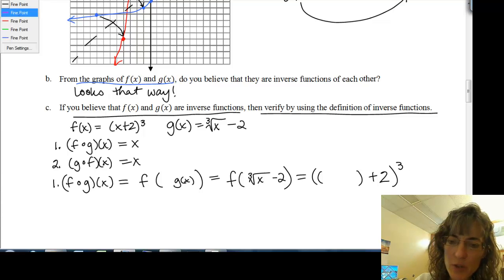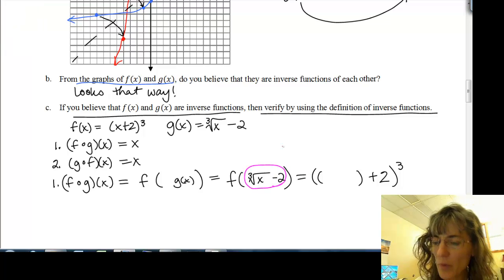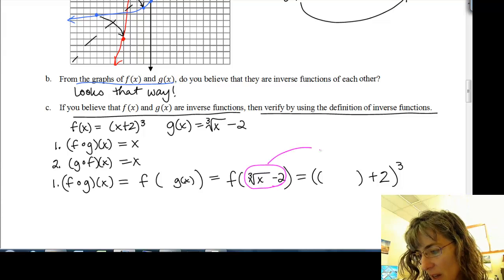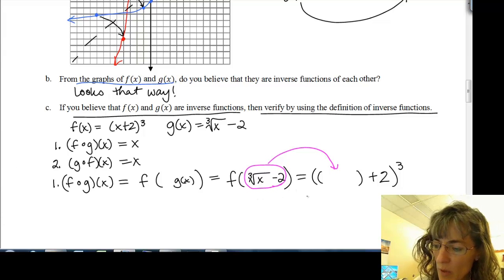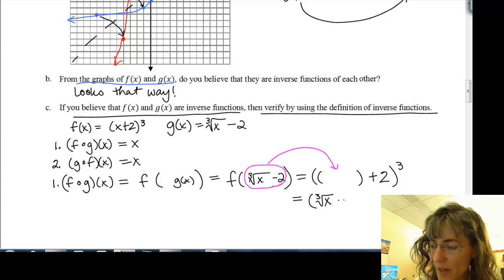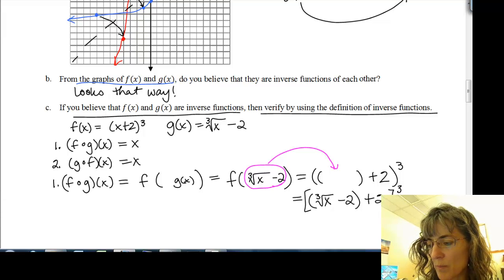What I'm going to do is take what I'm supposed to plug in and stick it in where that x is. I'm showing it kind of graphically because I know this gets confusing for some people. So hopefully this will help a little bit. So what I'm looking at is this quantity, cube root of x minus 2, plus 2. And then that whole thing is being cubed.